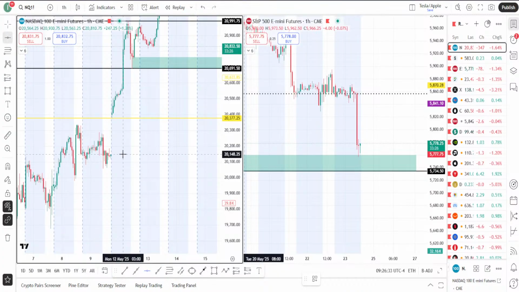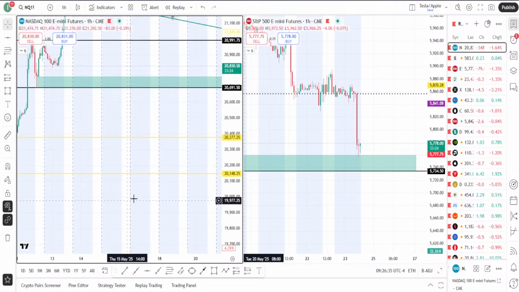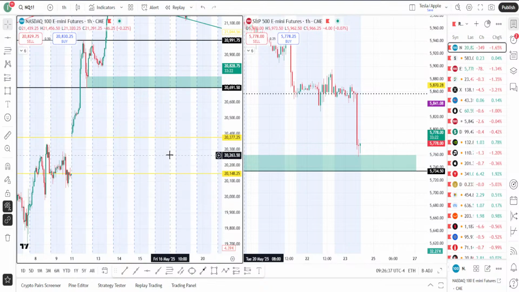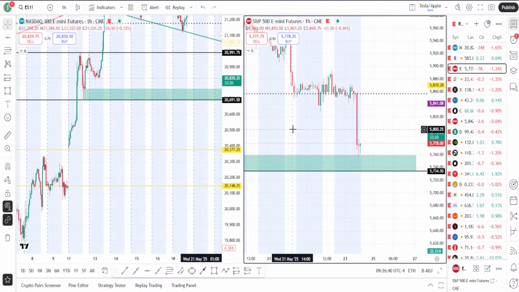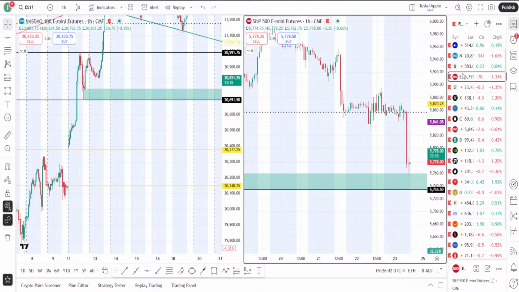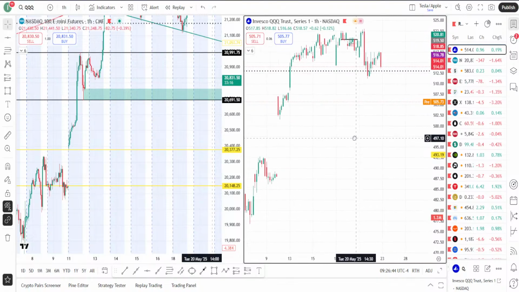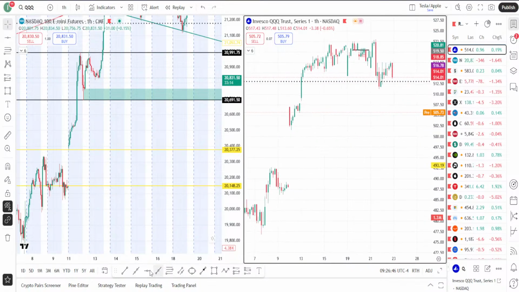Aquí marcando el gap. There's a gap on the chart. And see how it looks on the Q. So on the Qs, the gap starts here and ends down here.